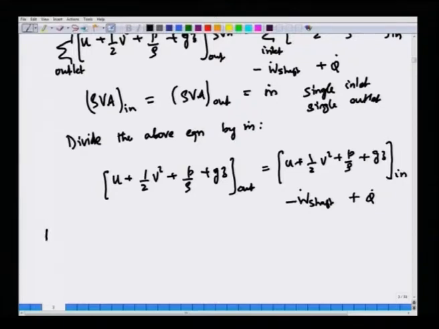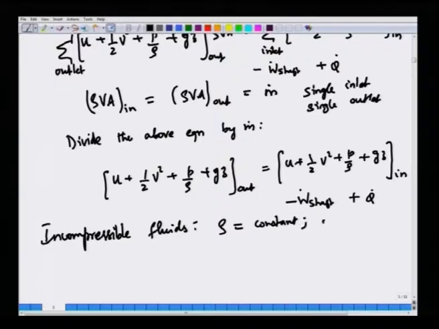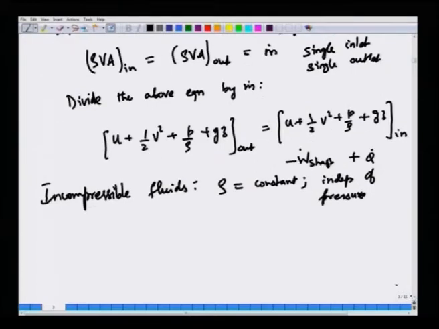If we restrict ourselves to incompressible fluids, where, as we have said some time back, rho is constant, that is, it is independent of pressure, the pressure changes associated with the fluid flow do not change the density of the fluid, then the fluid is said to be incompressible.